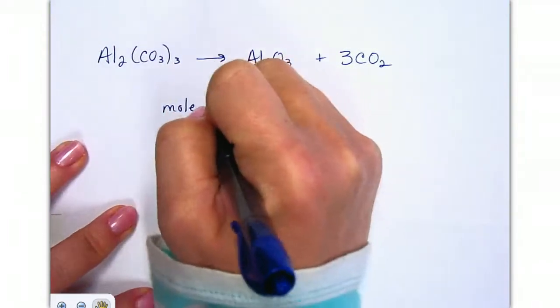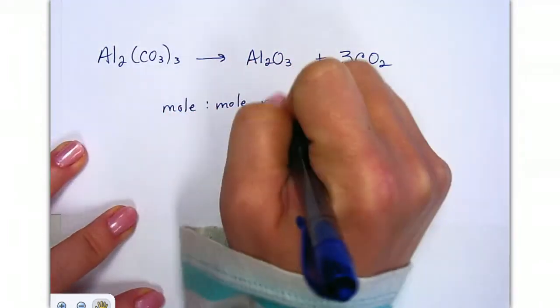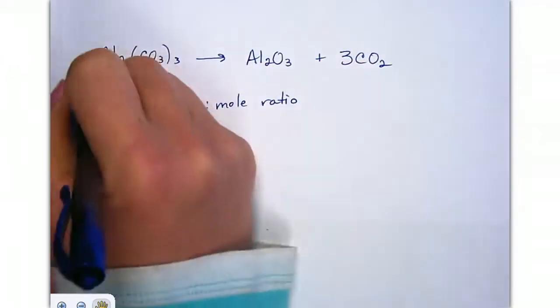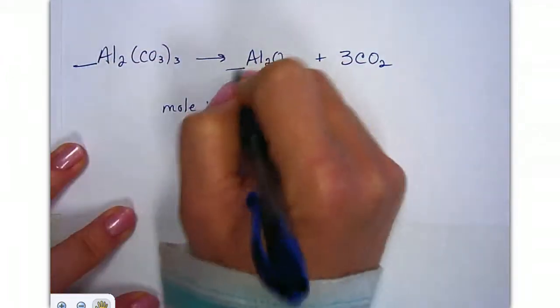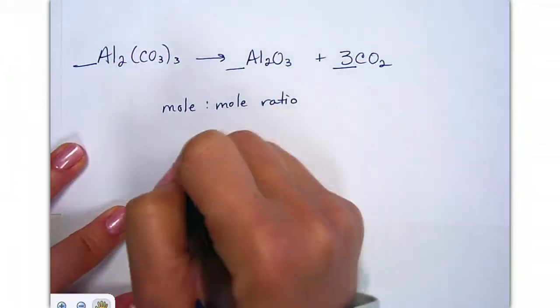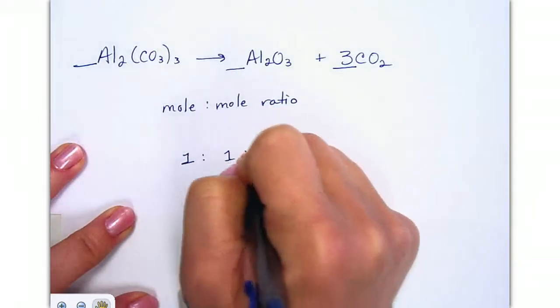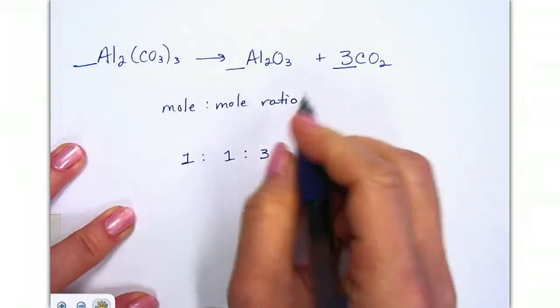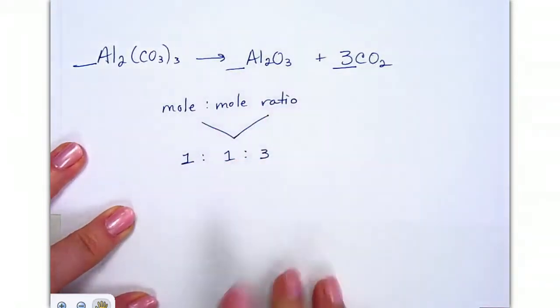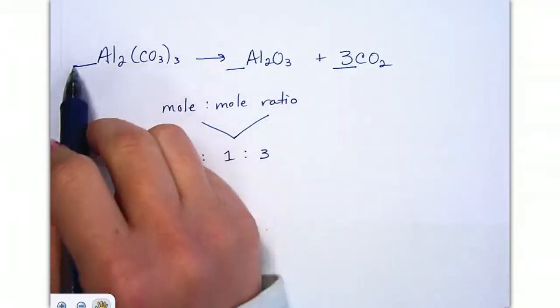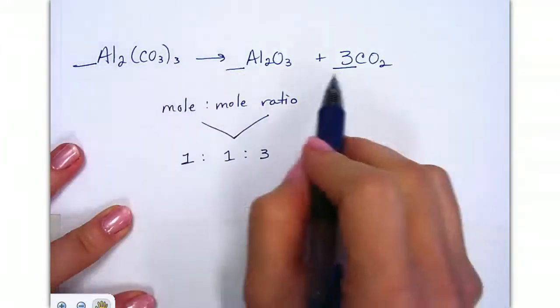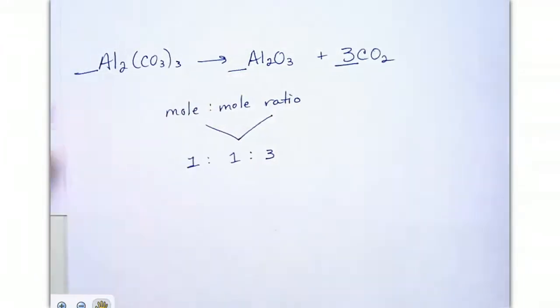The mole-to-mole ratio across this equation is 1 to 1 to 3. So I would say I have a 1 to 1 to 3 mole-to-mole ratio in this equation. There's an understood 1, an understood 1, and a 3. All right, let's see another example.